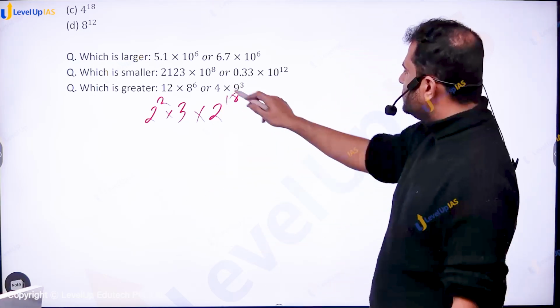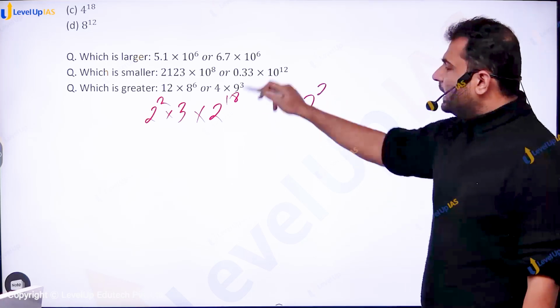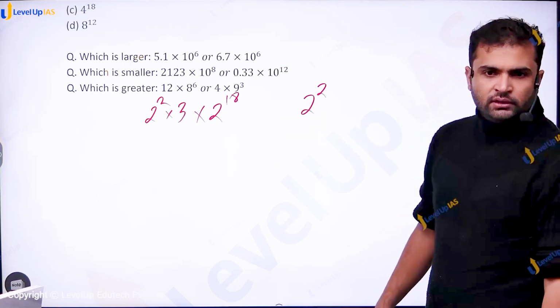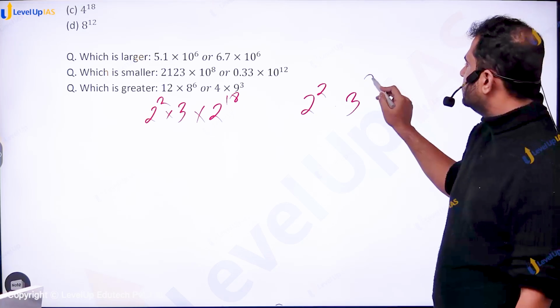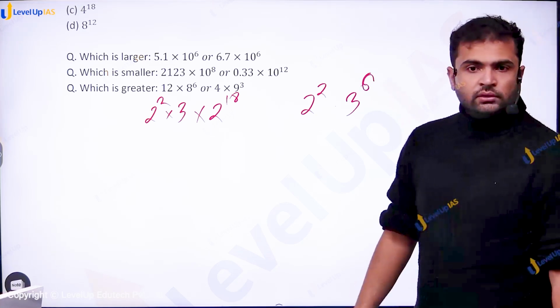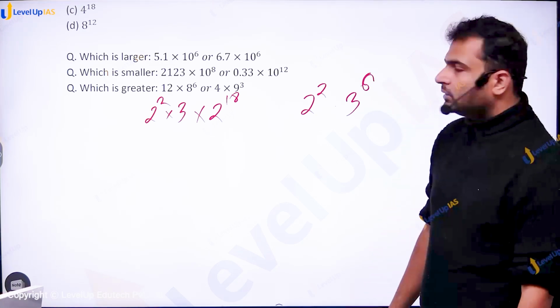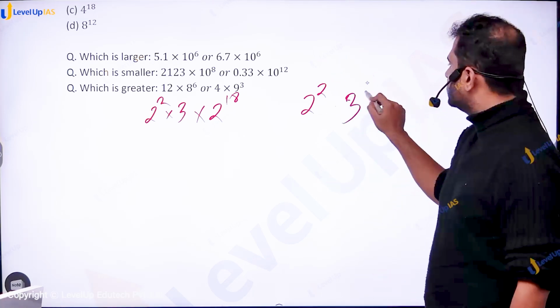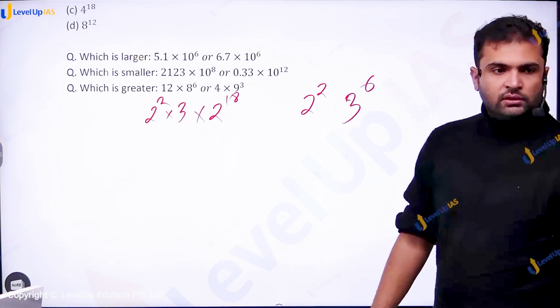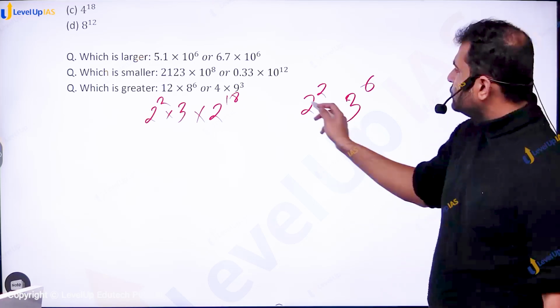And RHS is 4 is 2 square and 9 cube is 3 raised to 6 ना. देखो फिर से ऐसे सिले मिस्टेक्स मत करो यार. So we have 2 square here and there also.